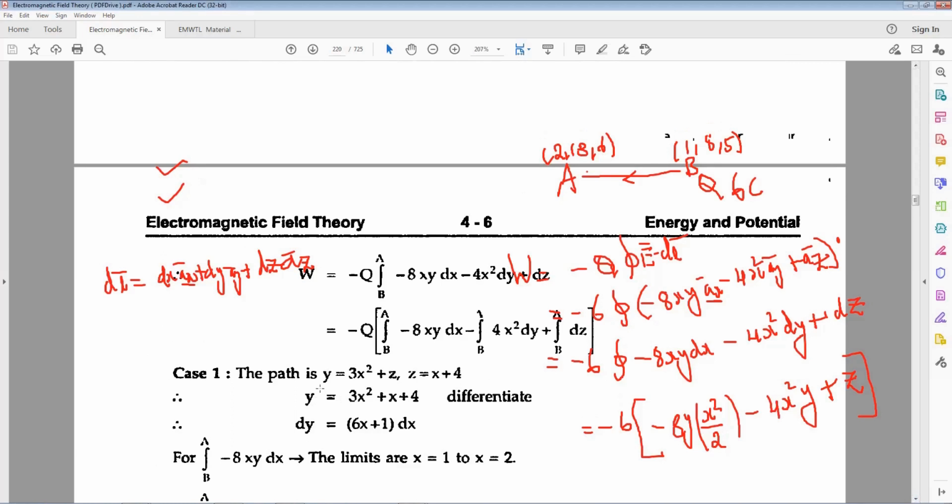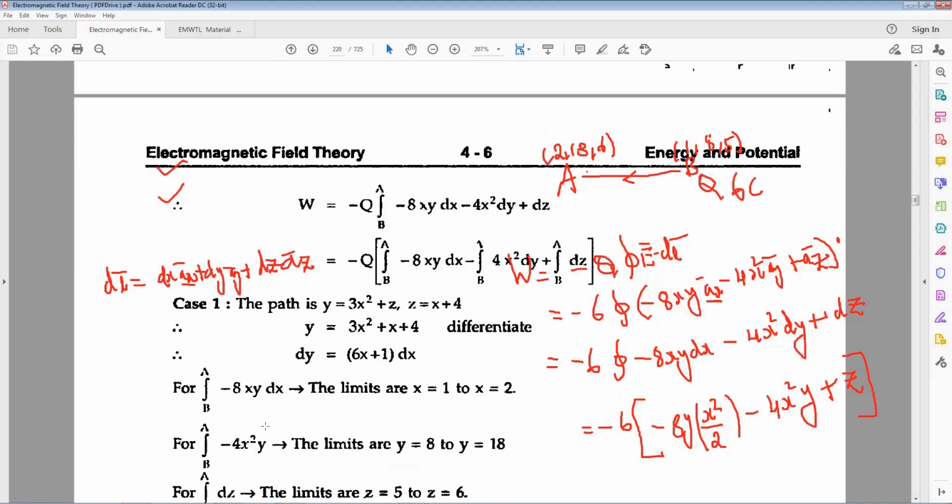We got here, the path of minus Q, nothing but the 6, from B to A. Y is equal to 3x square plus z as the path, and z is equal to x plus 4. dy is equal to 6x plus 1 into dx.